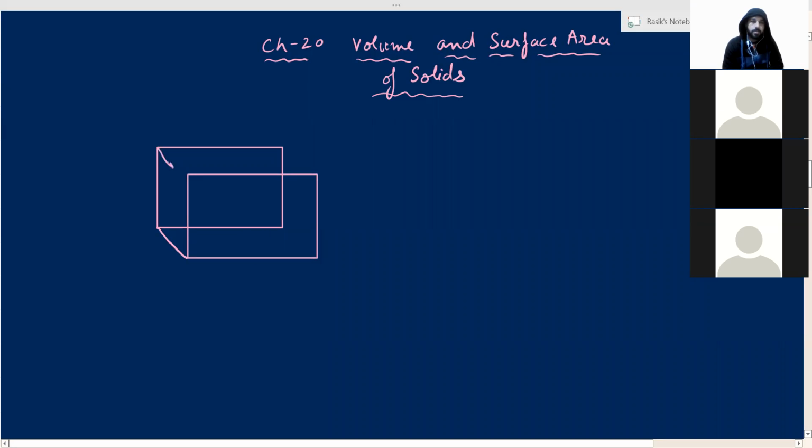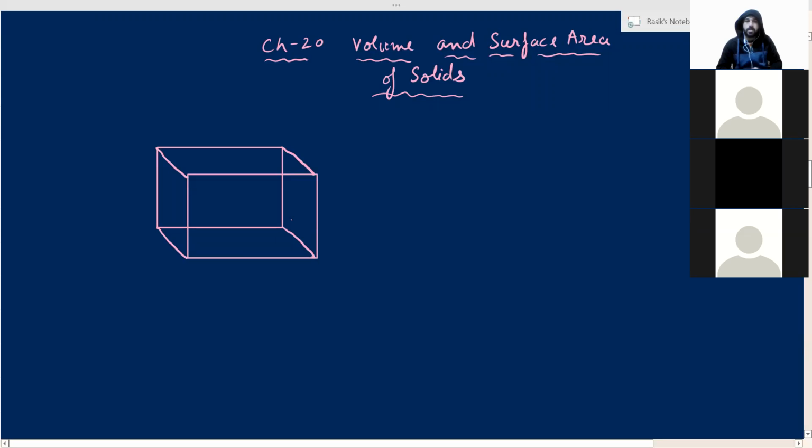No. Don't you know the meaning of area? Yes, sir. Very good. Area is actually of a 2D object.